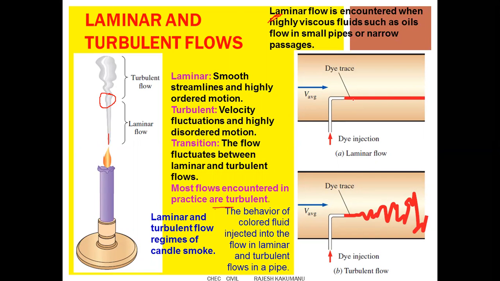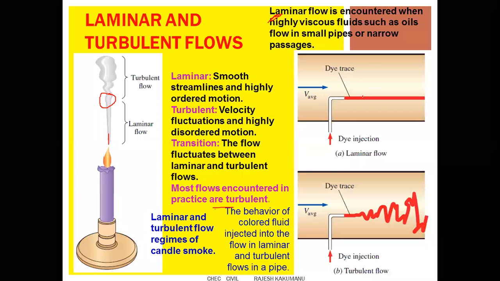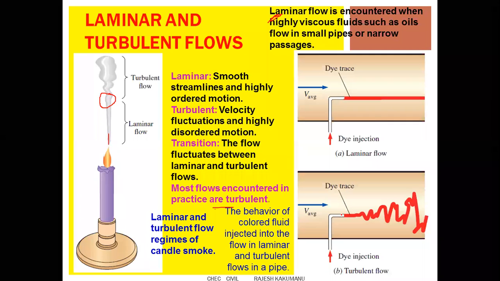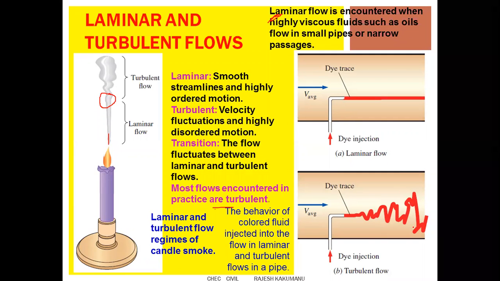Here also we are passing some amount of dye injected into the water. Whenever it is flowing in a straight line in a small narrow pipe, small pipes, narrow passages, it is flowing in a straight line. Whenever you are having a high discharge of fluid, the dye injection is with a high pressure, so it is passing and it is making some changes in the liquid.